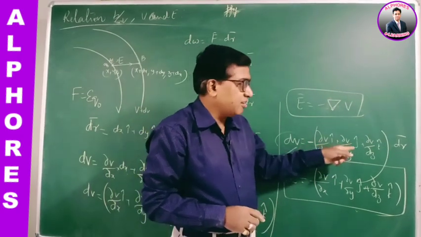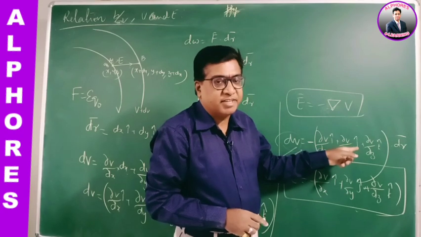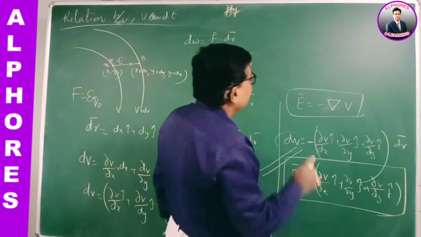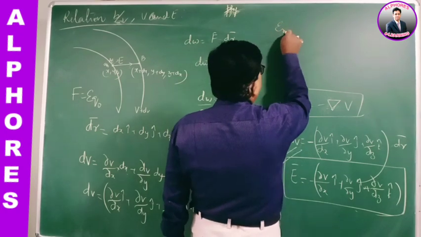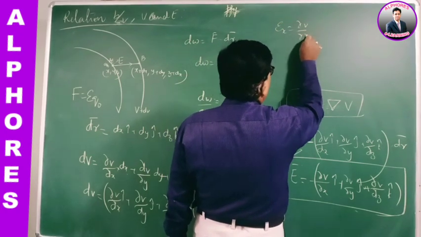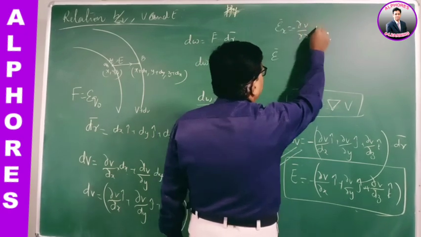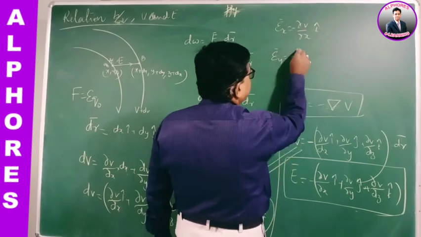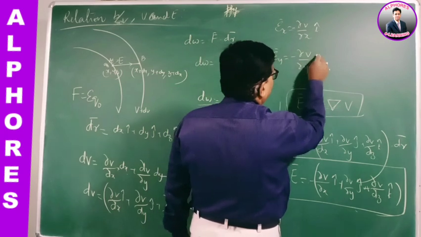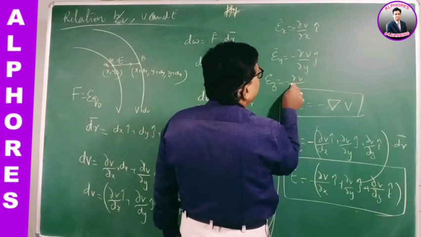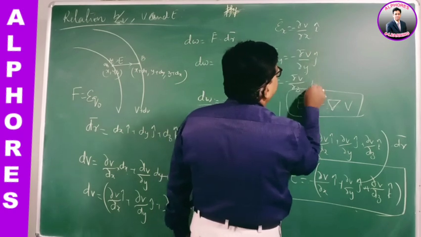So in vector form you can represent it with partial differentiation also like this. Ex, the electric field along the x direction, is minus dou V by dou x i cap; along the y direction minus dou V by dou y j cap; along the z direction minus dou V by dou z k cap.